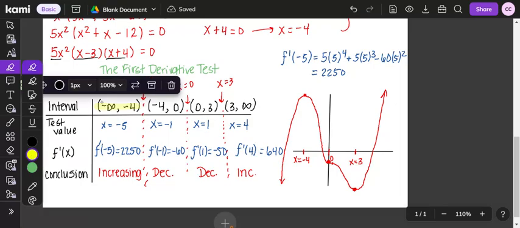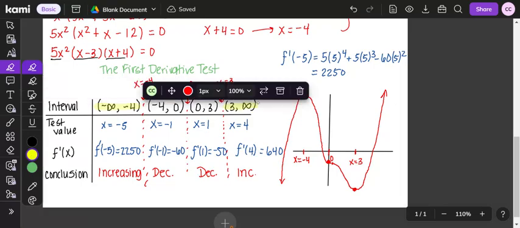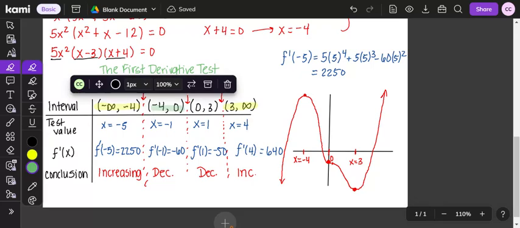And I can say, finally, that these are my increasing intervals. This one big interval I can actually combine into one from -4 all the way to 3 because I was decreasing that whole time. So this is my decreasing interval.